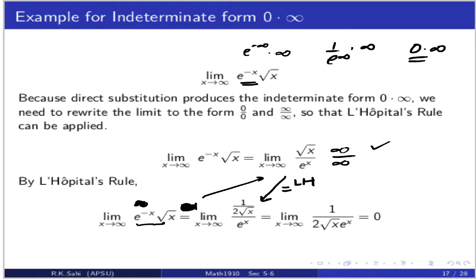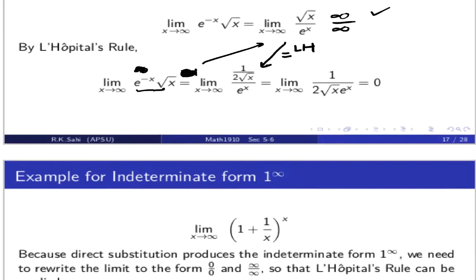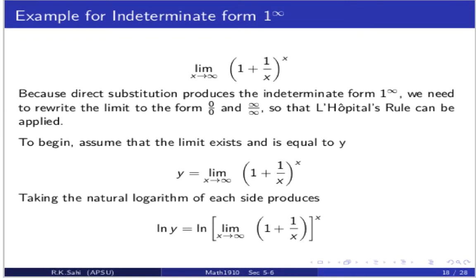Pretty simple here. Now let's look at an example of the form 1 to the power infinity. That's an indeterminate form. Now remember, we talked about these being the forms where you have variable exponent scenarios. Your exponents are variables. So clearly my exponent is a variable here.